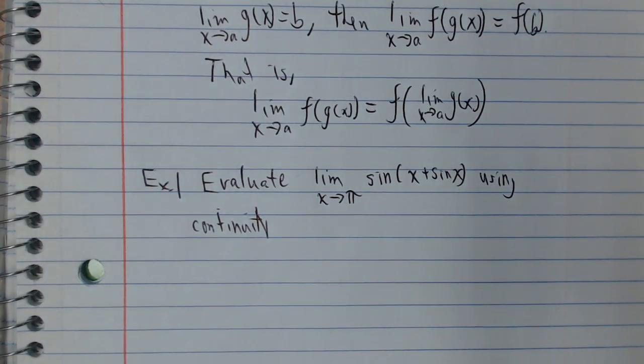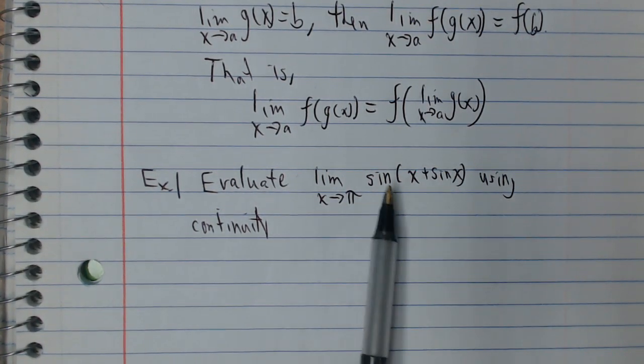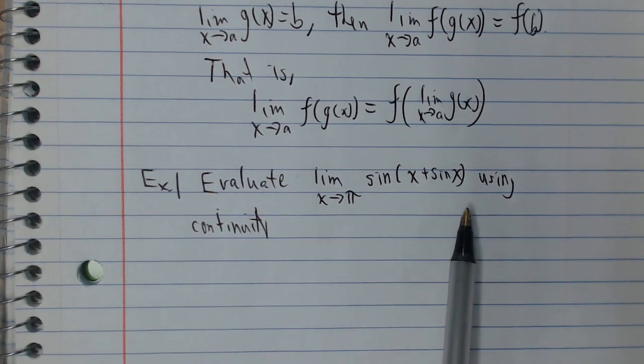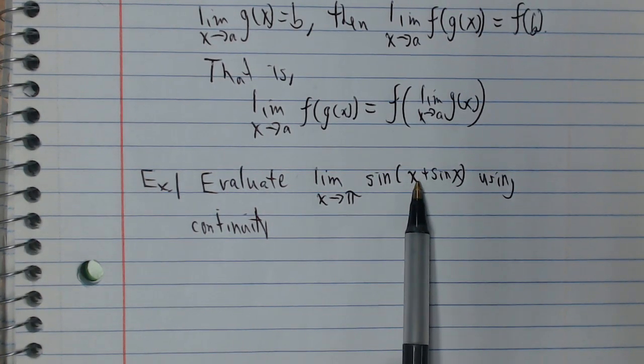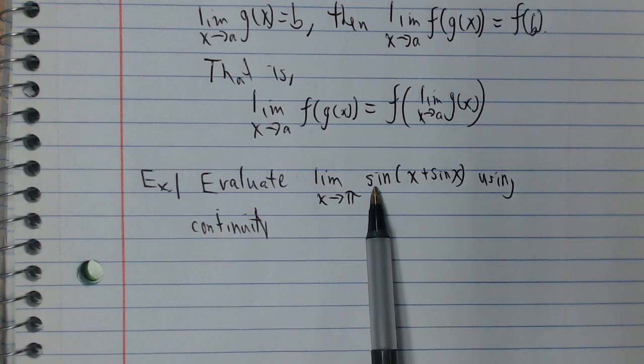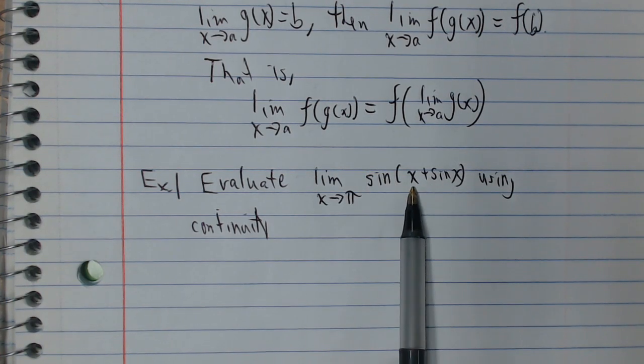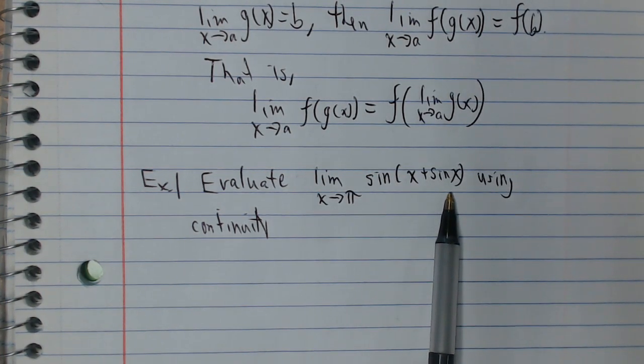So if we look at this, here's what you're going to notice. This is a composite function, because we have sine of something, and inside of the sine we have another function, which is x plus sine of x.